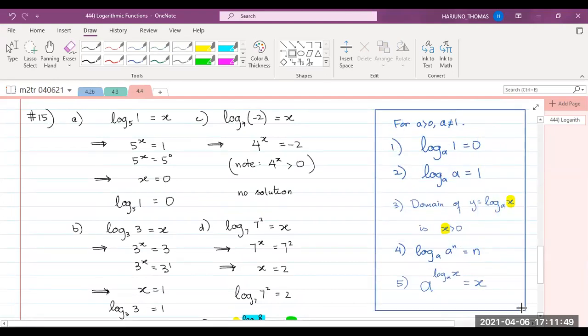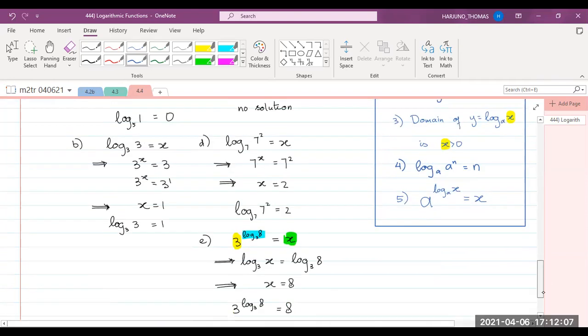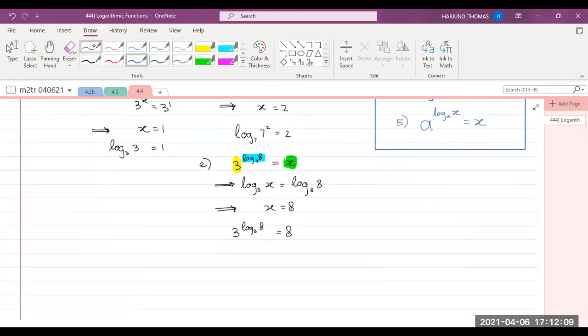I need you to memorize this. The next section, which we will do on Thursday, is on properties of log. But this is the basic property, something you need to know even before we talk about other properties. Once you know this, we can do part F and G easily. Part F, what is log base 5 of 125?